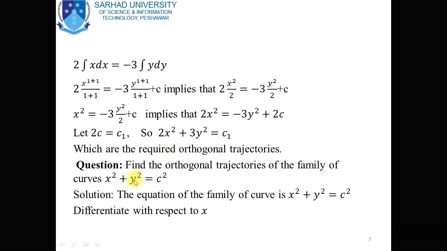Now another problem: to find an orthogonal trajectory for this family of curves x square plus y square is equal to c square.